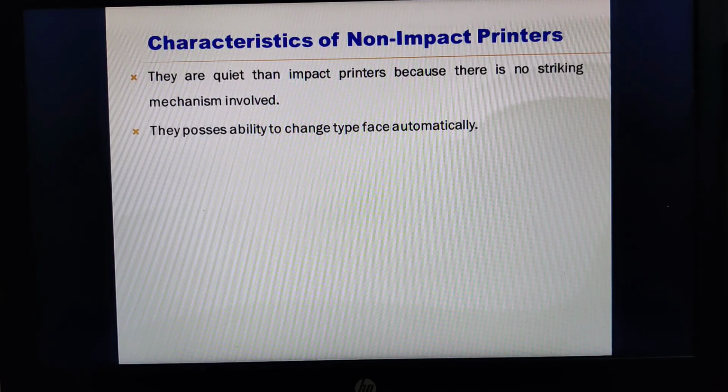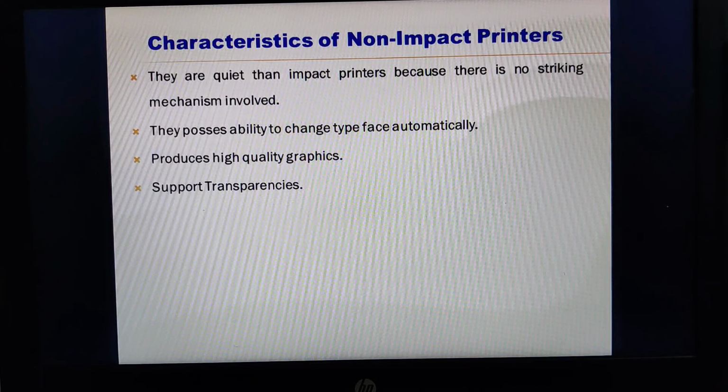Then these printers produce very high quality graphics. They can also print graphics, images, and color prints, and they support transparencies. So if you want to print onto transparent glass or plastic, they support that.